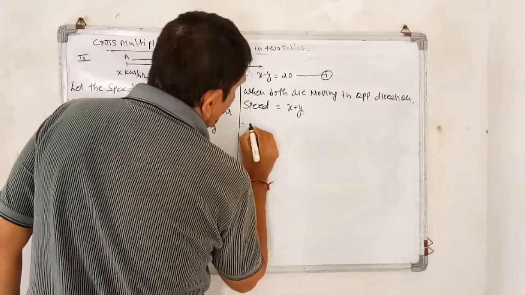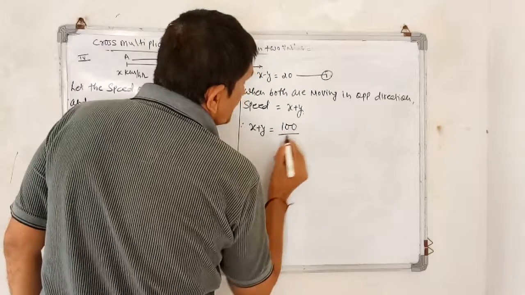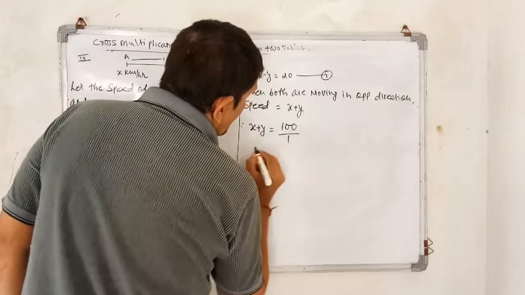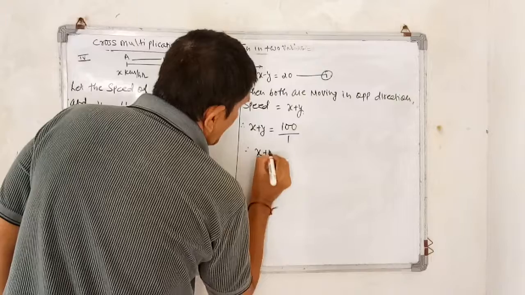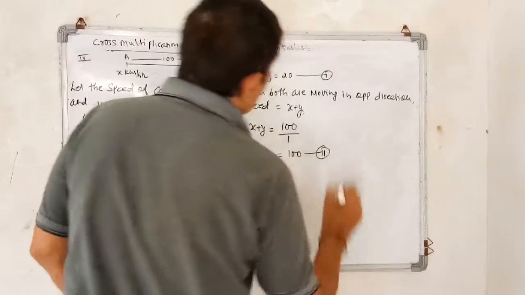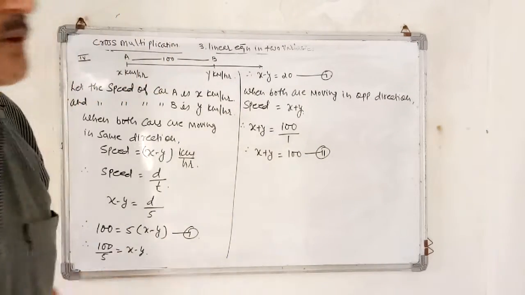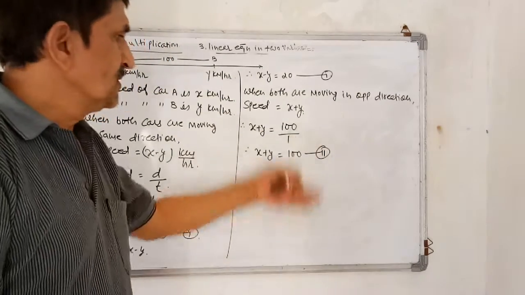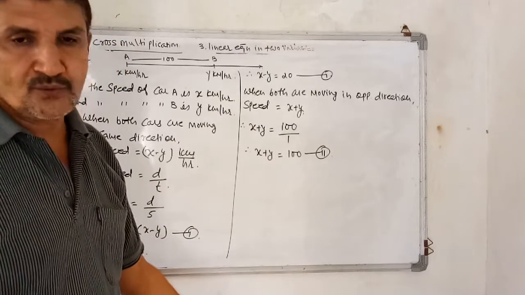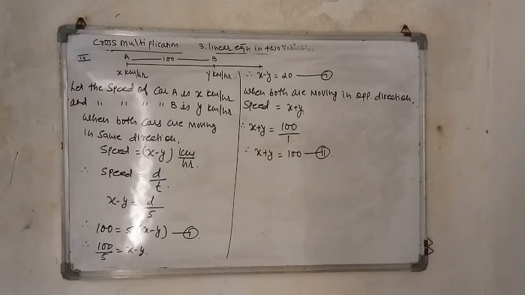Therefore speed is equal to total distance traveled, which is 100, and timing is 1. So x plus y is equal to 100. This is the second equation. Now these two equations we have to solve by cross multiplication method. Further process you know how to solve it.